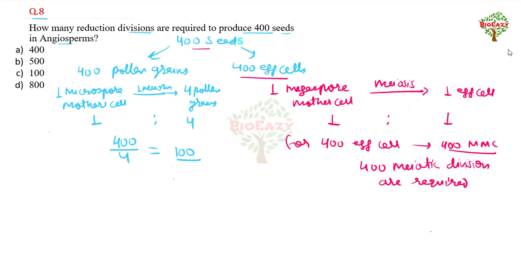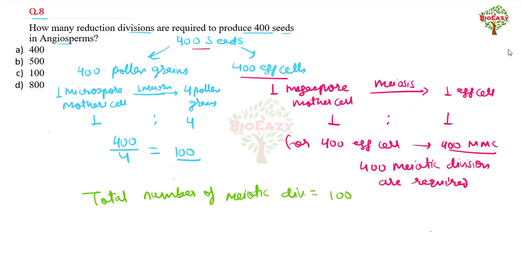So the total number of meiotic divisions is equal to 100 plus 400 is equal to 500. So the answer is 500.